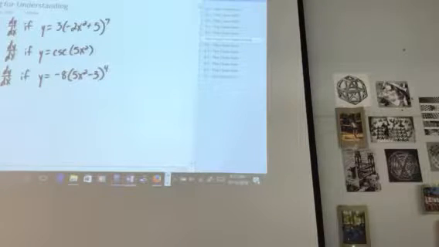Ten x, negative cosecant 5x squared cotangent 5x squared. Negative 10x cosecant 5x. Alright, we need to get this wrapped up in the next few minutes.